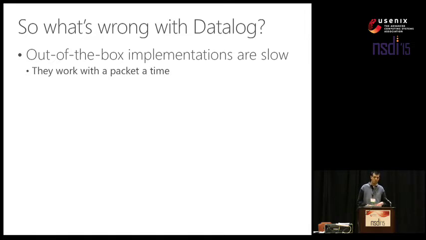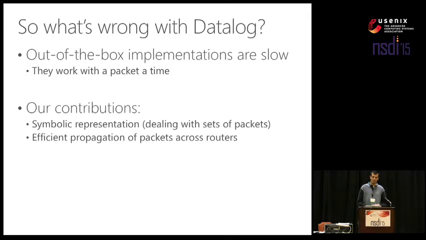In these networks, we have 2 to the power of, a lot of packets, so it's unreasonable to do one packet at a time. Our contributions are that we use a symbolic representation for packets, so we deal with sets of packets instead of one packet at a time, and we implement a more efficient propagation of these packets across routers.